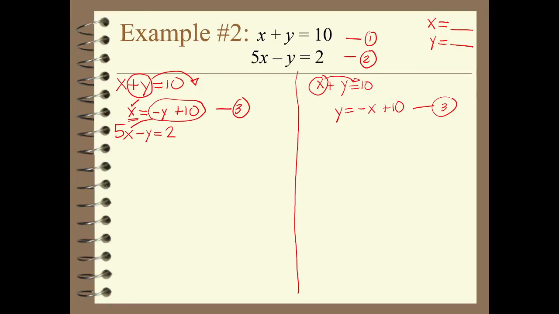So bring down 5. Then the value of x is negative y plus 10. Then bring down negative y, and bring down equals 2.